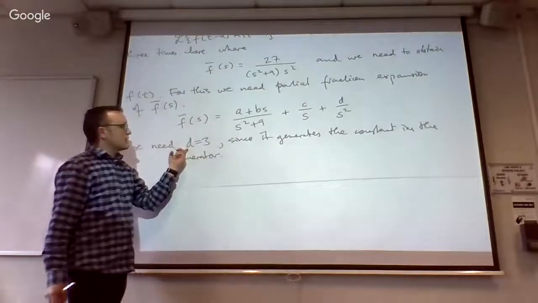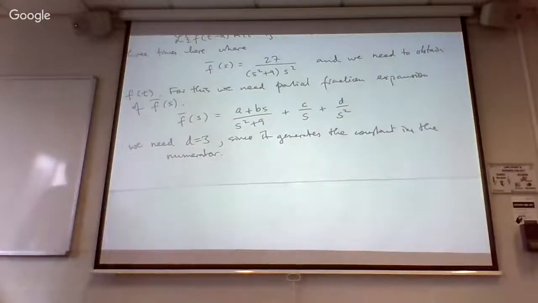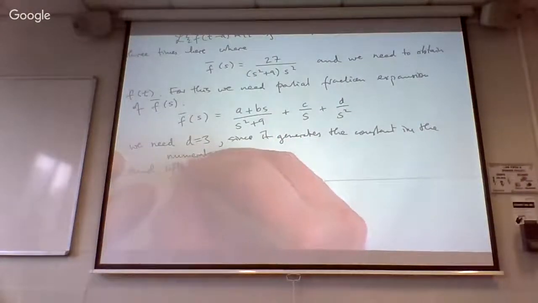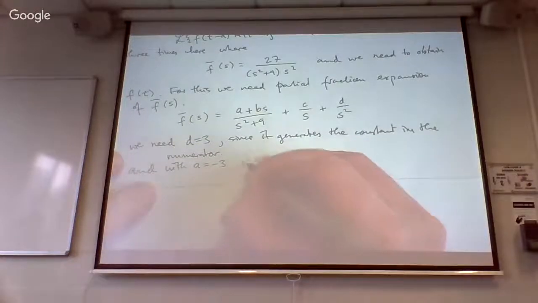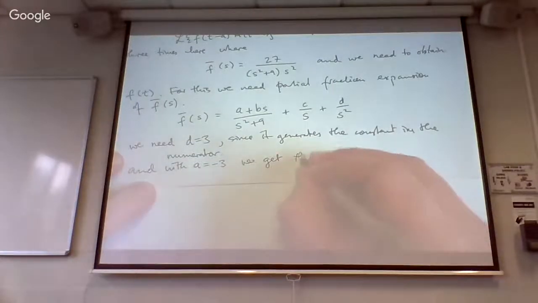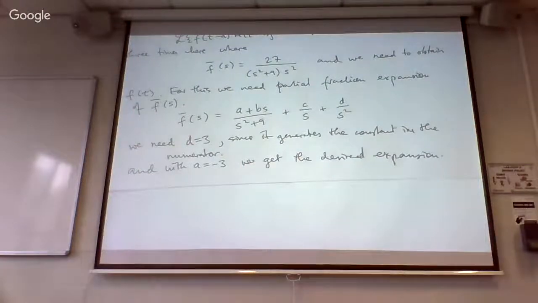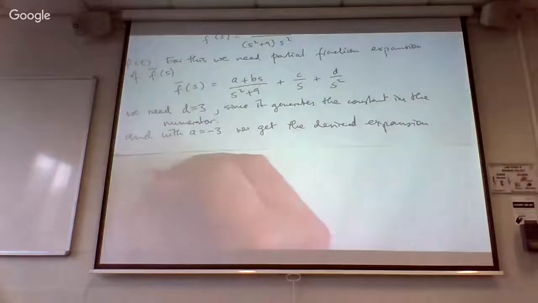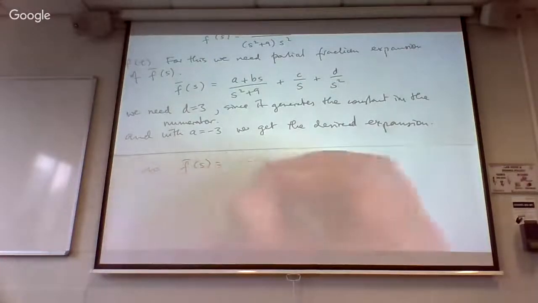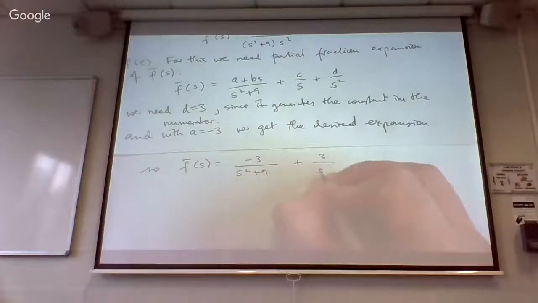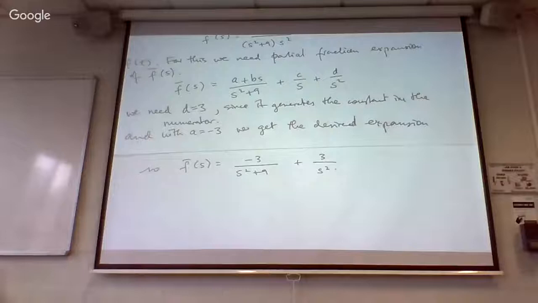We're getting 3s squared, but we don't want any, so we better make the a to be minus 3. And with a equals minus 3, we get the desired expansion. So it is possible to shortcut the process there. So f bar of s is minus 3 over s squared plus 9 plus 3 over s squared.